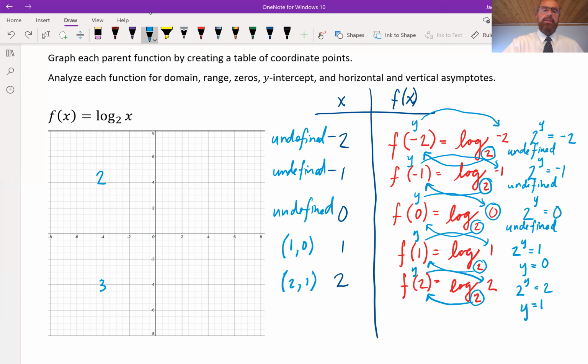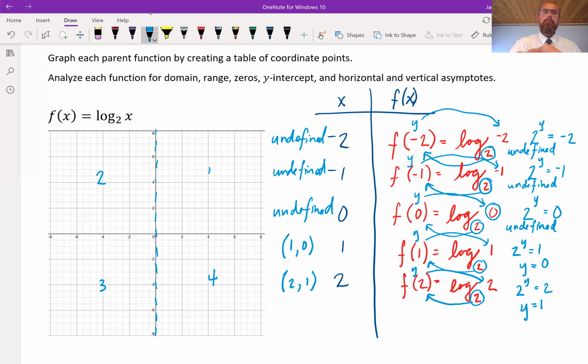Our function doesn't exist there. But I have a feeling that there is a vertical asymptote here on the y-axis, which is like a border or kind of a cutoff point for our function. So I think our function is here in quadrants 1 and 2. I'm sorry, 1 and 4. Make sure I count our quadrants correctly.